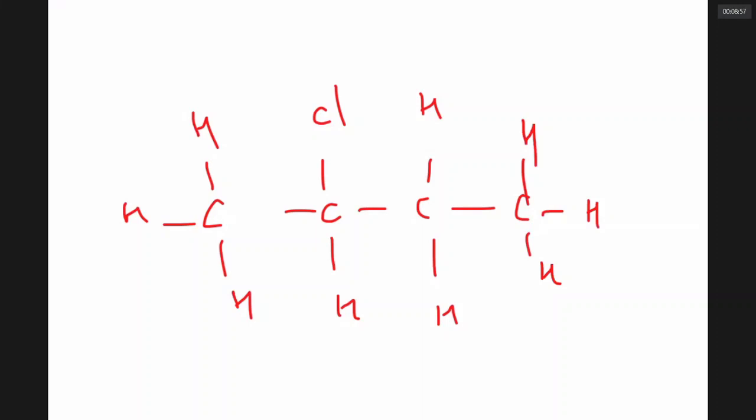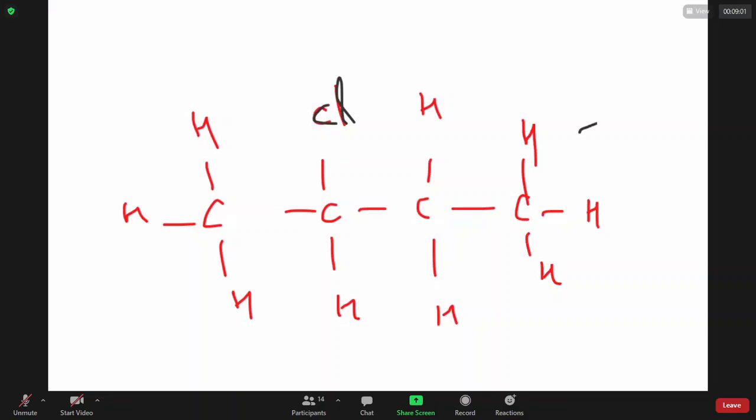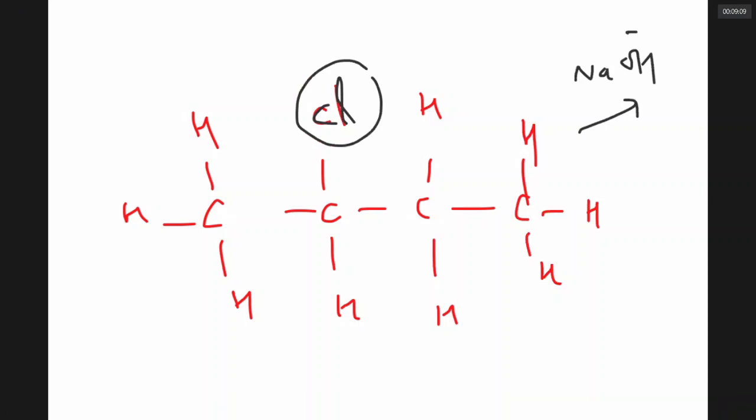2-chlorobutane. This 2-chlorobutane, if I add NaOH, the Cl minus may be replaced by OH minus. Then that is called SN reaction. If that reaction is proceeding through formation of carbocation and then the attack of OH minus, that is SN1. Or it is proceeding through only one step.